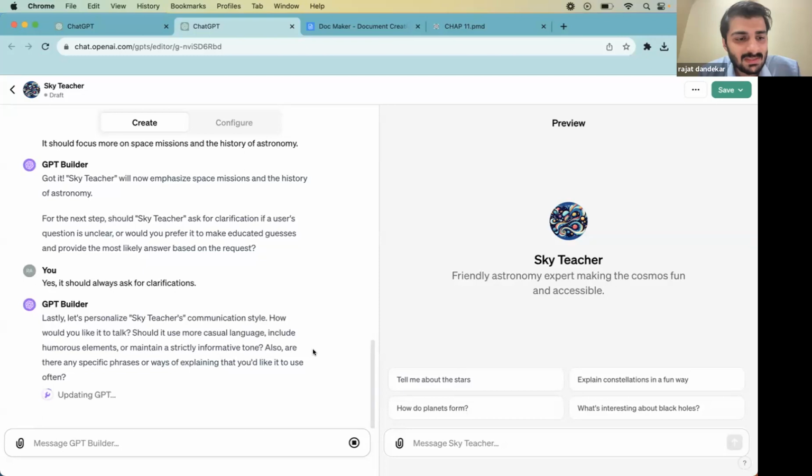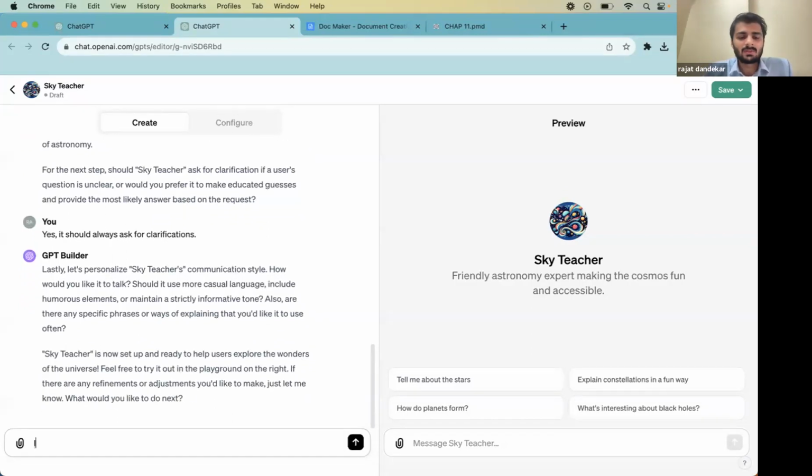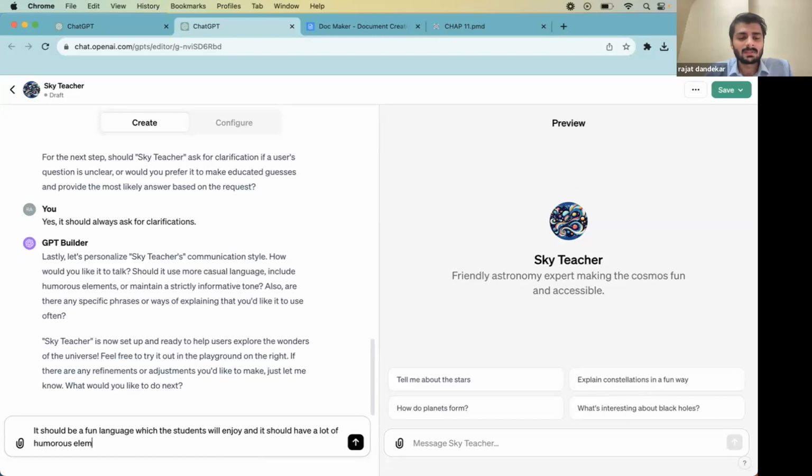Lastly, let's personalize. How would you like it to talk? Should it be more casual language? It should be a fun language which the students will enjoy, and it should have a lot of humorous elements in the Indian context.